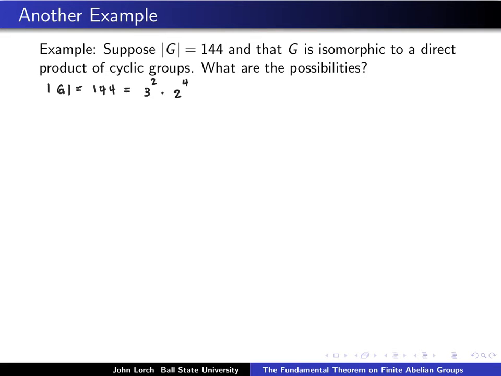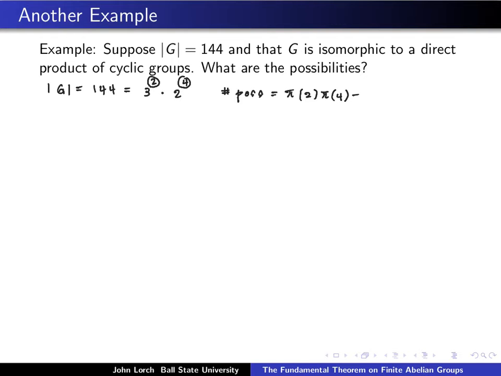Okay, now remember that we want to compute the number of possibilities, we want to focus now on these exponents, 2 and 4. So the number of possibilities is the partition function of 2 times the partition function of 4.